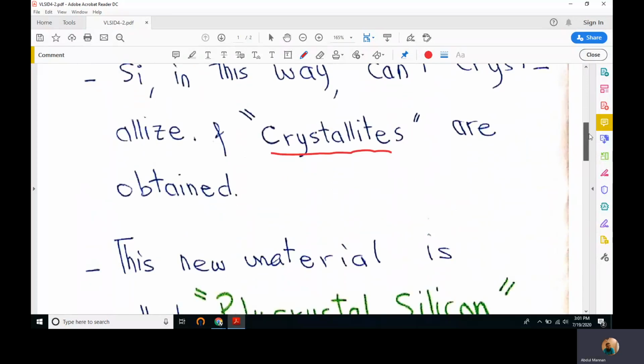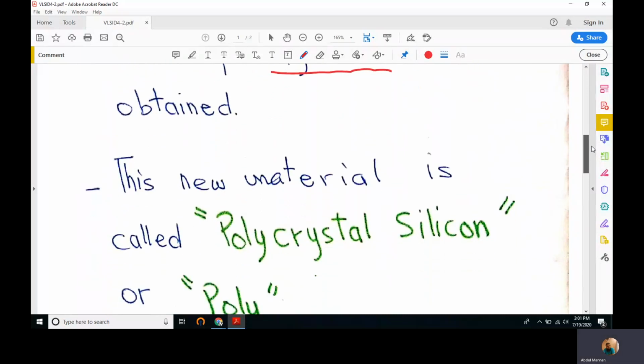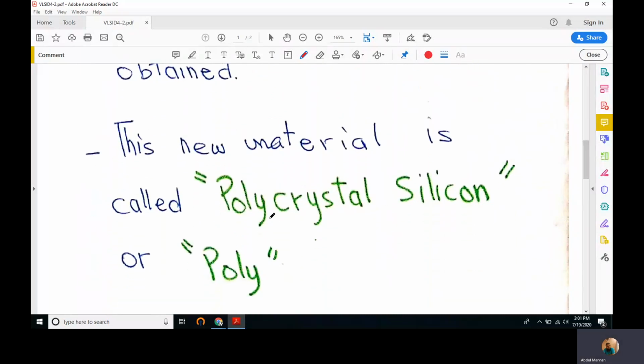This crystallites-based material is known as polycrystal silicon and has a conductivity better than silicon dioxide. We already know that silicon dioxide is not a conductor, it's a good insulator. So polycrystal silicon is a better conductor than silicon dioxide. Polycrystal silicon is also called poly for short.